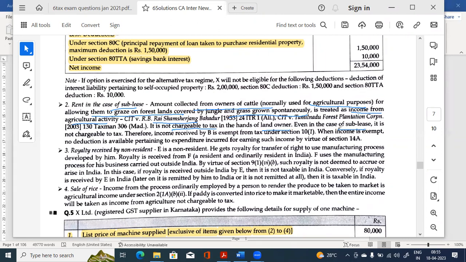Therefore, income received by Rajpal here is exempt from tax under section 10. When income is exempt, no deduction is available for the related expenditure. What is the expenditure? The rent he has paid. So the 11,500 that Rajpal has received is exempt, and the 10,000 that he has paid to Shilpa cannot be claimed as deduction, because the income itself is exempt by virtue of 14A. Okay. Let's go to the next question.